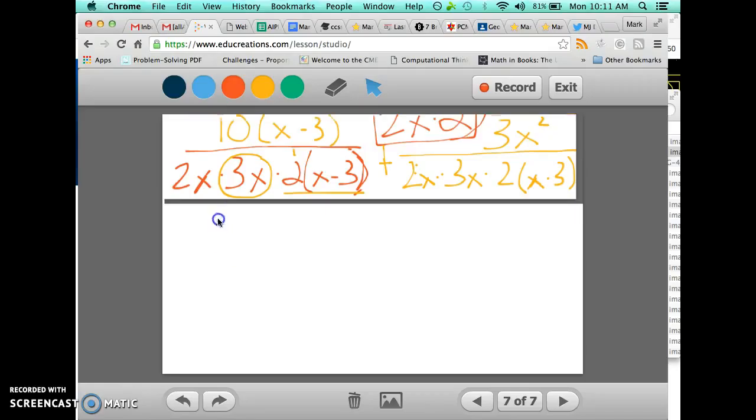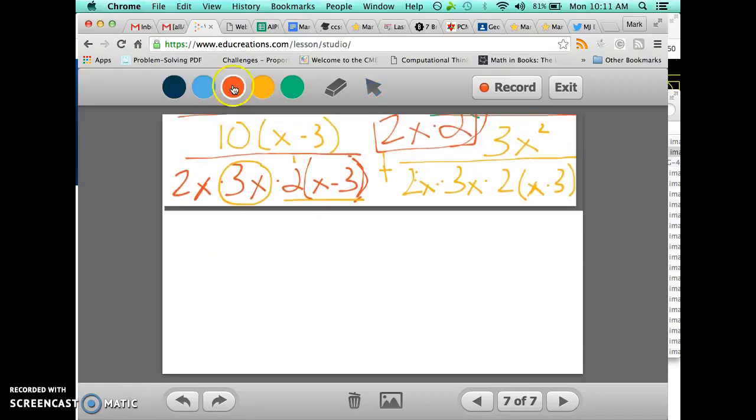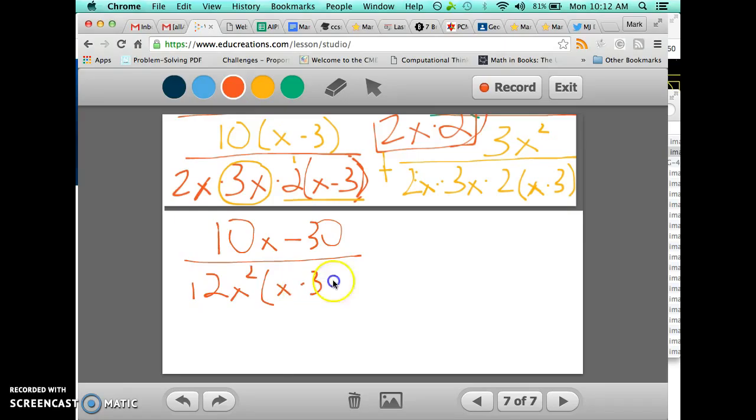So we'll have 10x minus 30 over 12x squared times x minus 3, plus 3x squared over 12x squared times x minus 3.